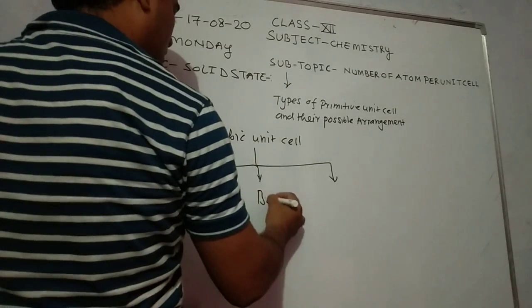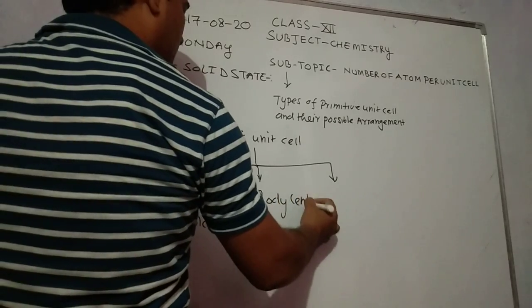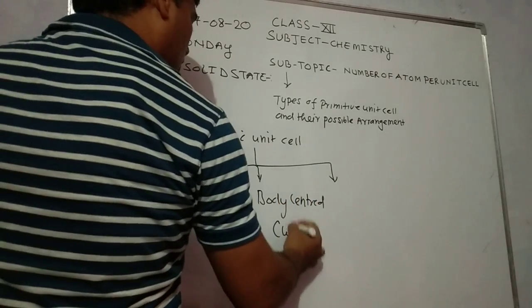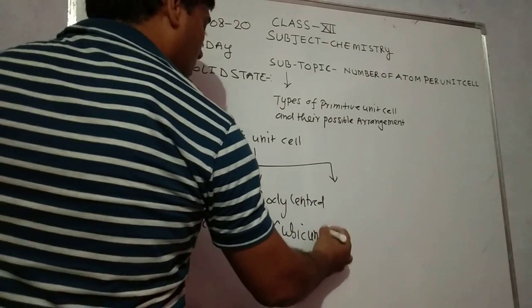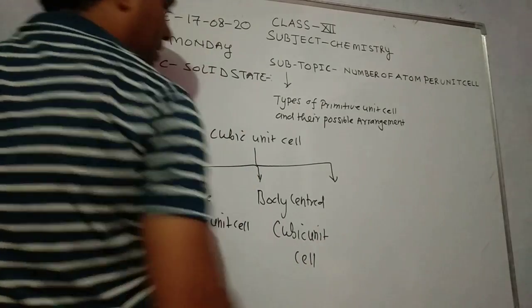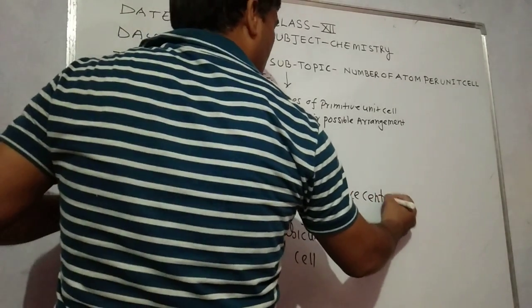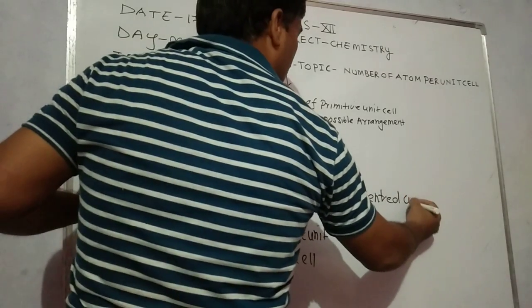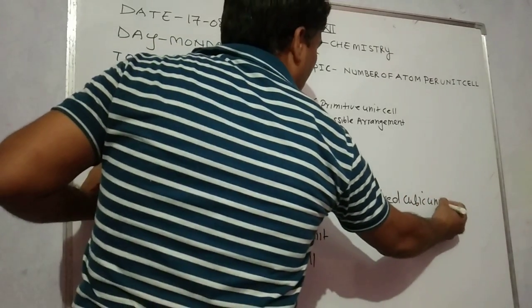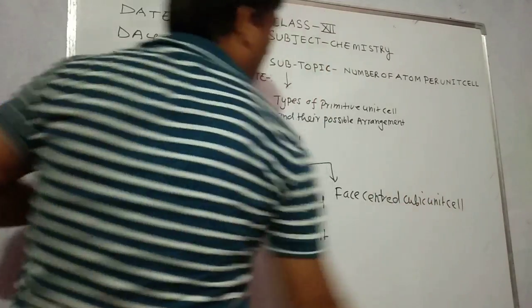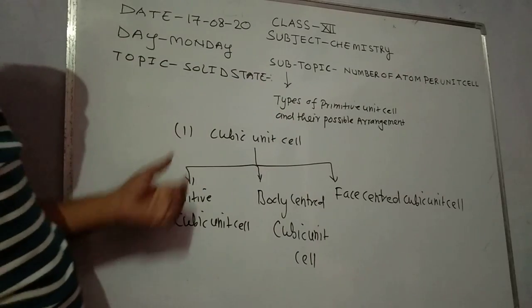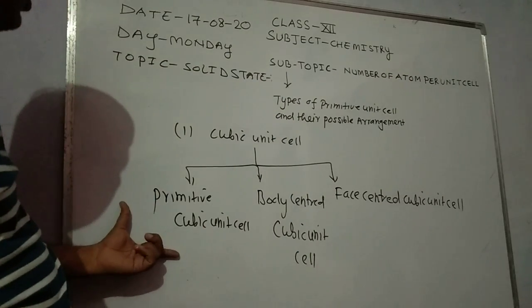Second one is body centered cubic unit cell, and third one is face centered cubic unit cell. Okay, so there are 3 types of cubic unit cell.